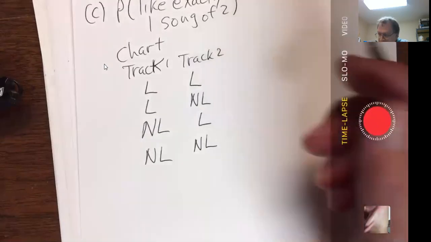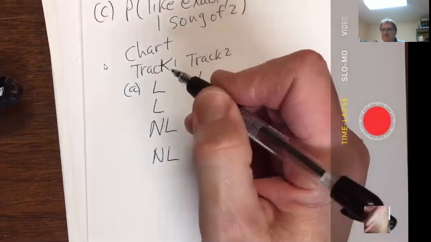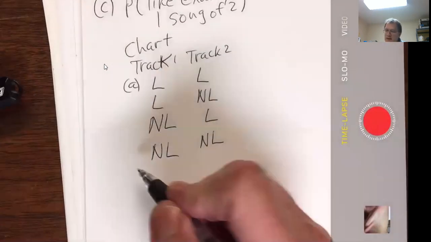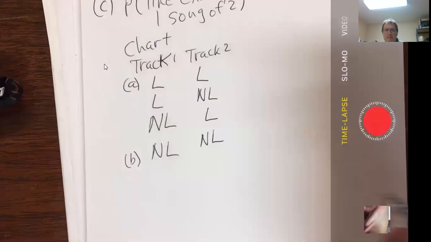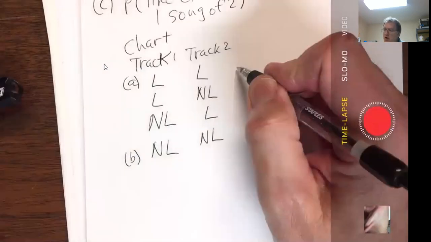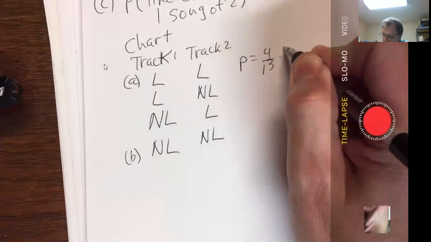Sorry. All right. Part A basically was row 1. Bring it back. Part A, like 2 songs, that was basically row 1. Part B was row 4 here, like neither song. I'll rewrite the answers here. So row 1 was probability of 4 over 13 times 3 over 12.